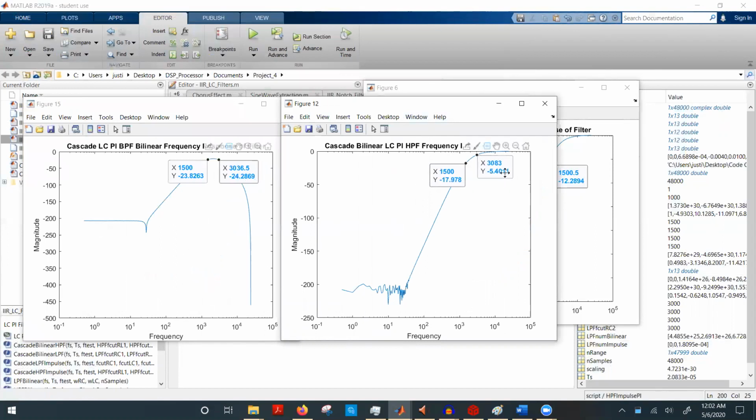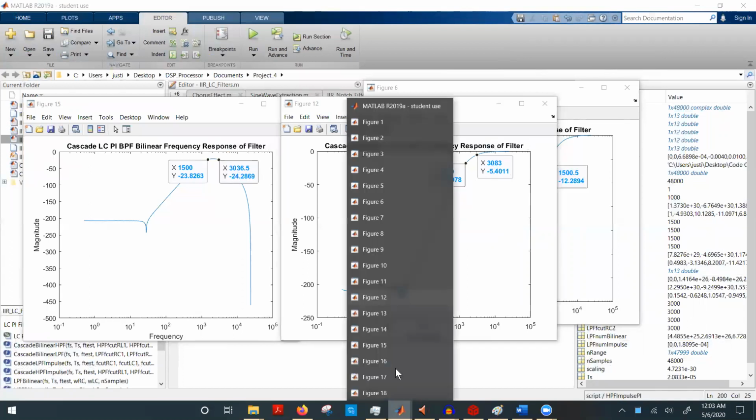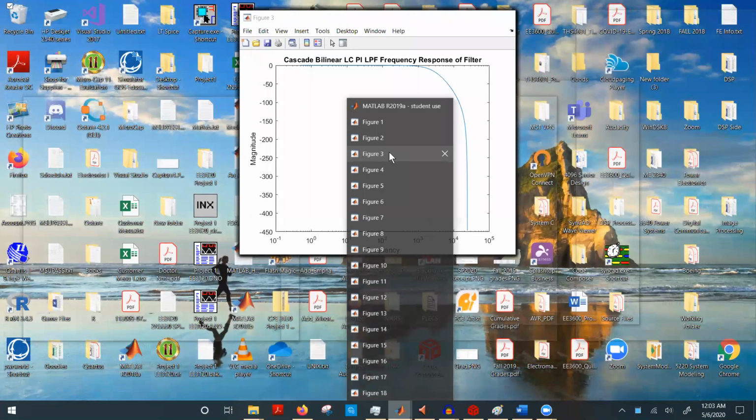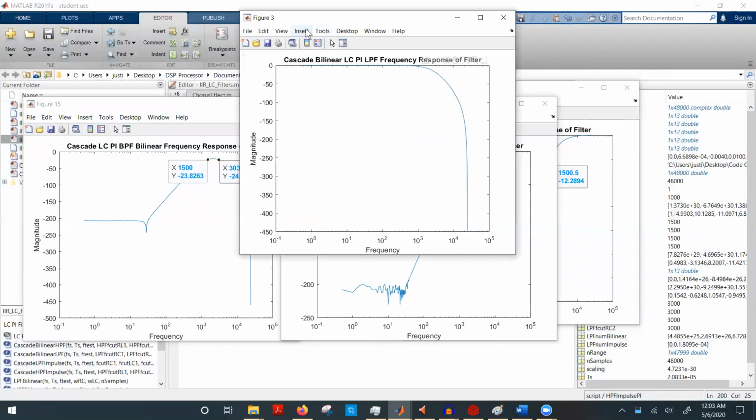So that's where this extra -5 attenuation is coming from, because the high pass filter hasn't reached well within the pass band. So it's going to attenuate this signal by an extra 5 dB, along with the negative 18 dB attenuation from the other filter. Similarly, on the other side, if I bring up the bilinear on this side, this one should be 3000.